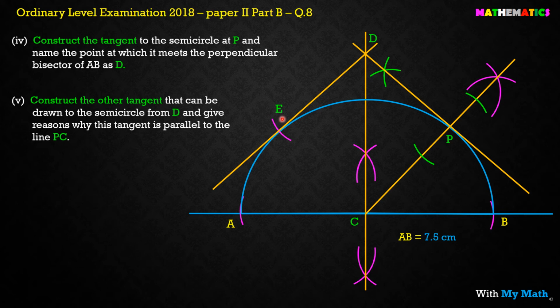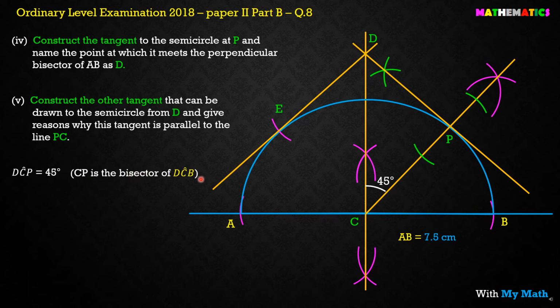So we have to prove that DE and PC are parallel to each other. How do we do that? We know some things, and I will show you step by step. First of all, we know that angle DCB equals 45 degrees. Why?